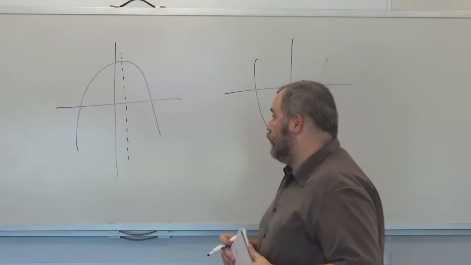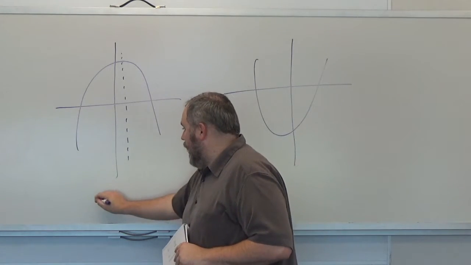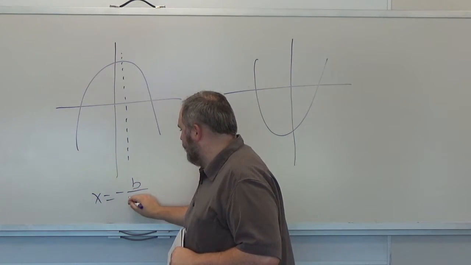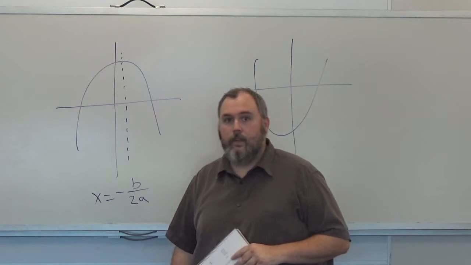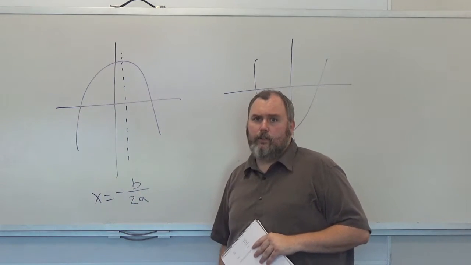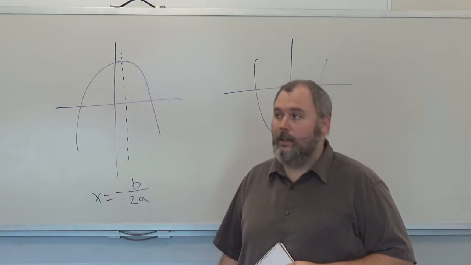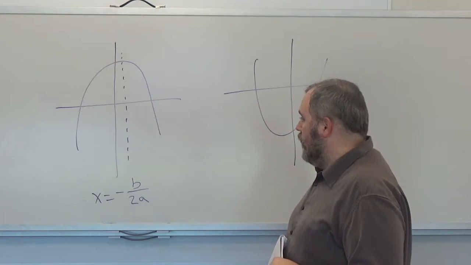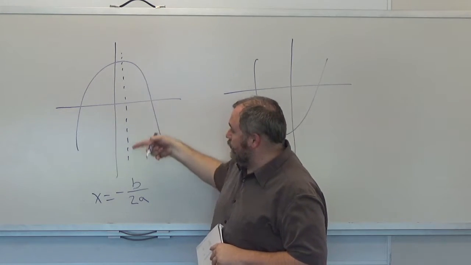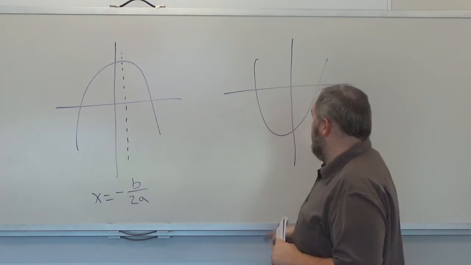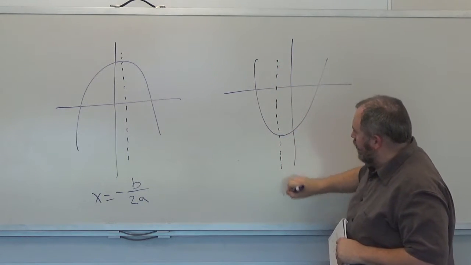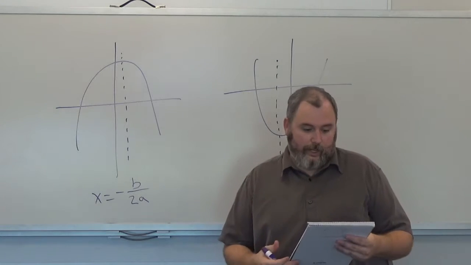And the way we solve for that is x equals negative b over 2a. This might look somewhat familiar. It's very reminiscent of the quadratic formula that we taught in the last module. So if I know what the equation is, I can find the equation for this line. It's the same thing on this one. I could find the middle of this by using that same equation.